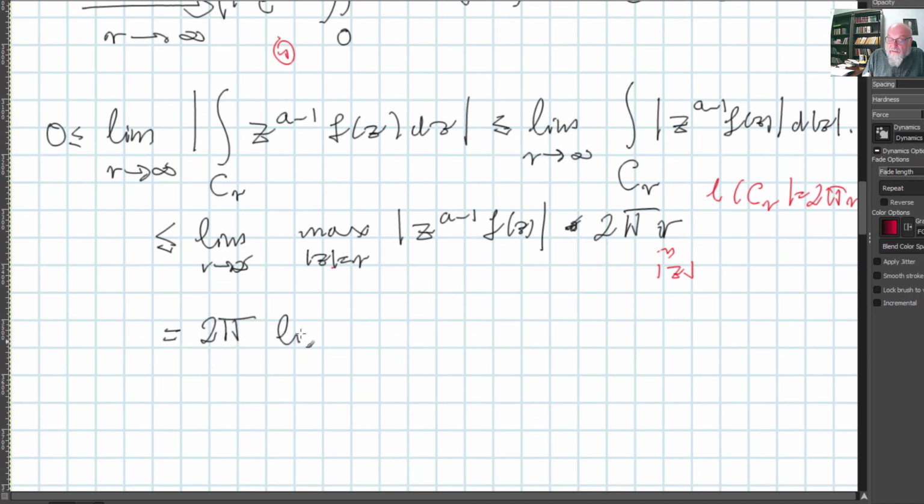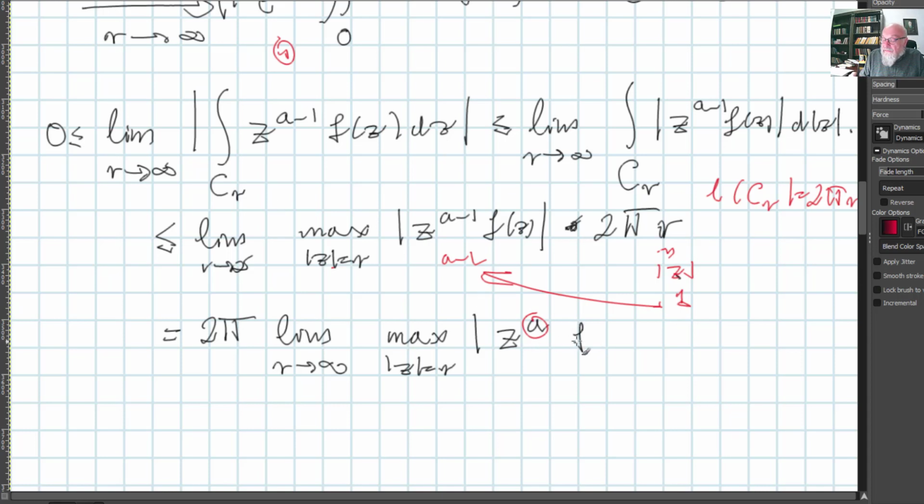This is 2 pi times the limit as r goes to infinity of the maximum of z to the a, and this is z to the alpha, because this gives you 1 power, this is a minus 1, altogether is a, and then you have f of z.